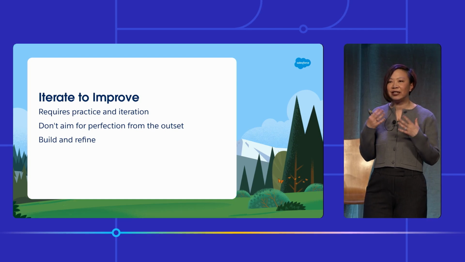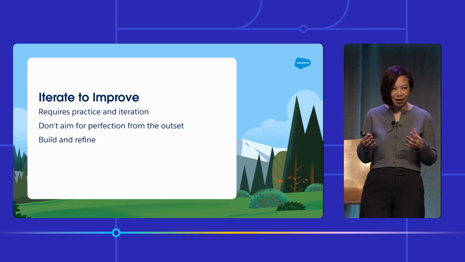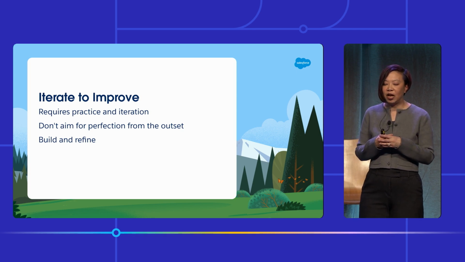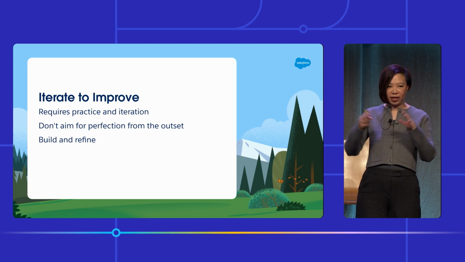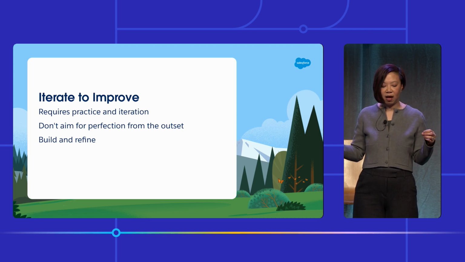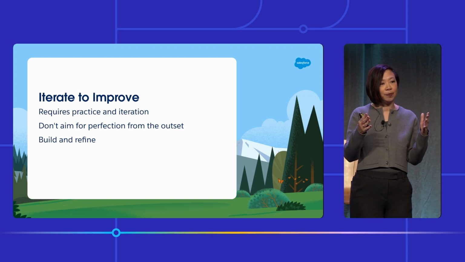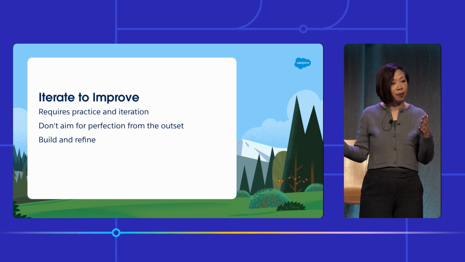And iterate over time. So modular design does take time to work on and exercise those muscles so that eventually it comes naturally. So don't try to do everything modular from the beginning. Sometimes I do still build these bigger flows, but then a requirement comes along, I'm like, oh wait, I've done this before.